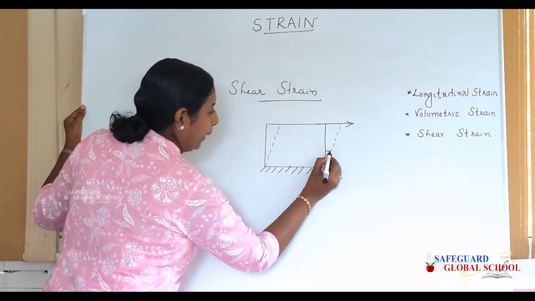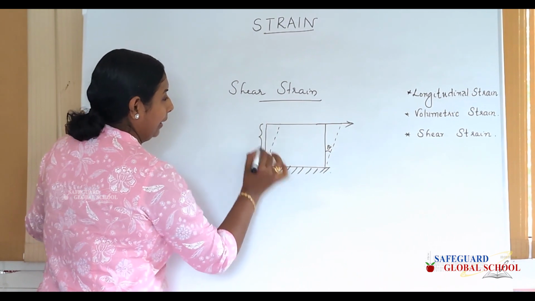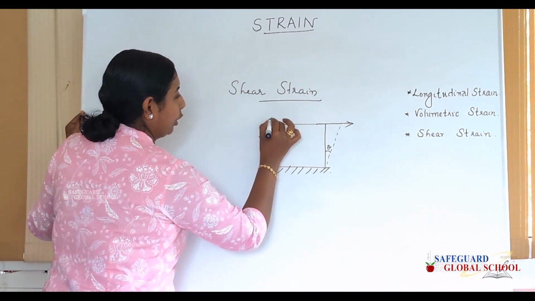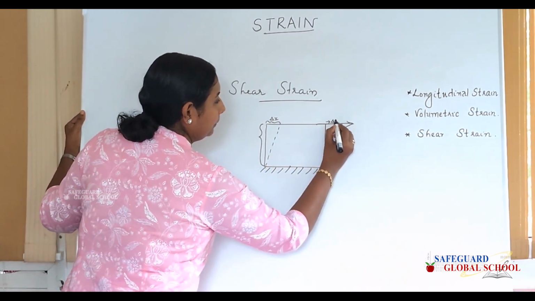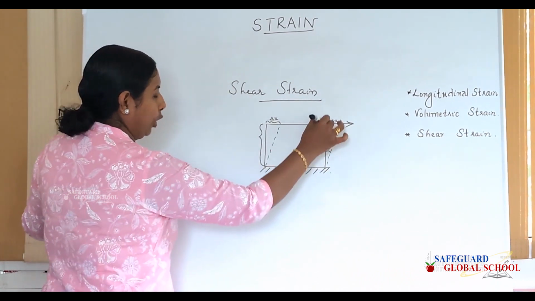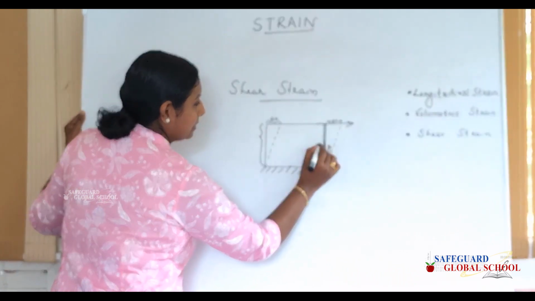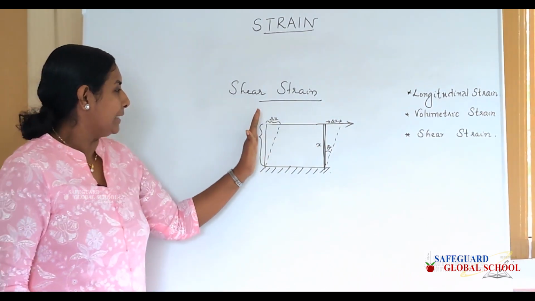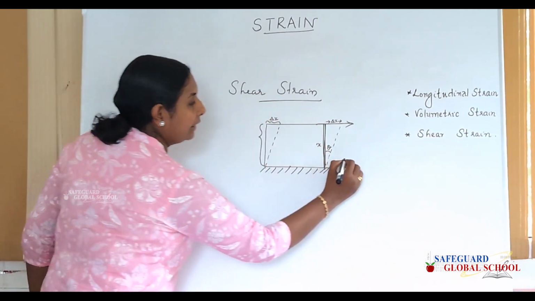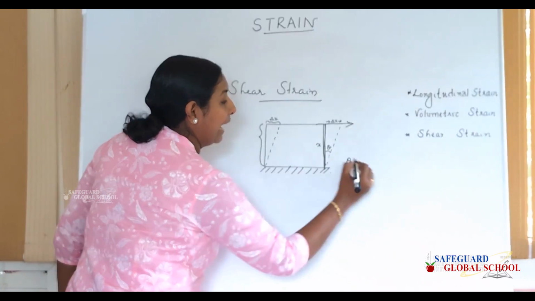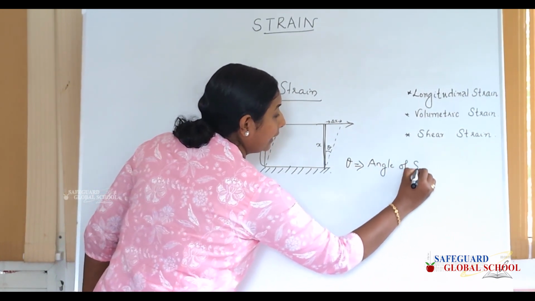It gets tilted through an angle theta. Let delta L be the change here, or delta X. We may note it as delta X. A change is happening here, delta X. And the original edge length was X. So this particular surface gets displaced through an angle theta. Here the angle theta is called the angle of shear.